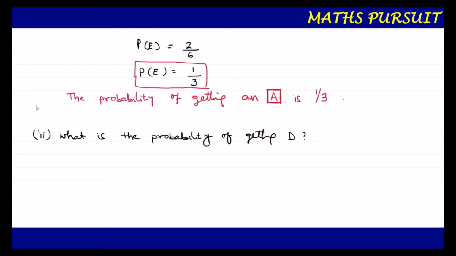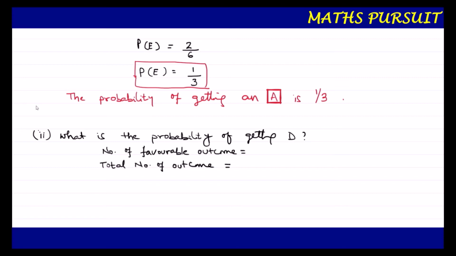Now guys, let us determine the number of favorable outcomes for this D, and the total number of outcomes.